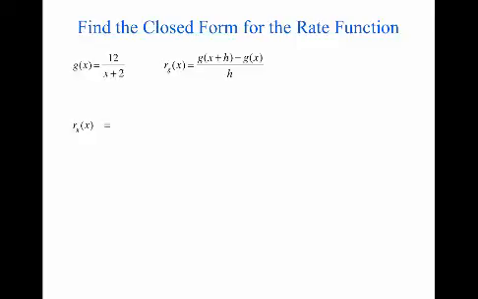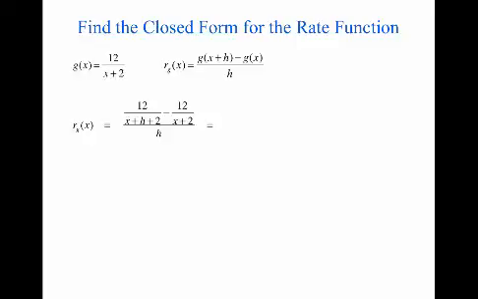Is it 12 over x plus 2 plus h, minus 12 over x plus 2, over h? Yep, that's it. You switched the 2 and the h, but that's okay. So instead of x, we have 12 over x plus h plus 2, minus 12 over x plus 2, all over h.